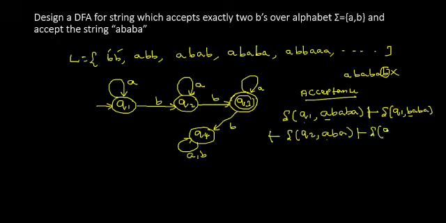So delta of Q2, BA. Okay, now we are standing in Q2 when B is applied. When B is applied, we will go to Q3. So I go to Q3 here. Now you have only A left over here. Now in Q3, when A is applied, we will be standing in Q3 itself. So you go to Q3, so it is accepted.